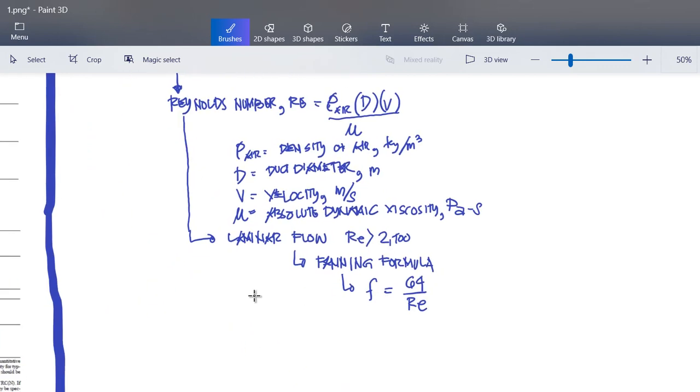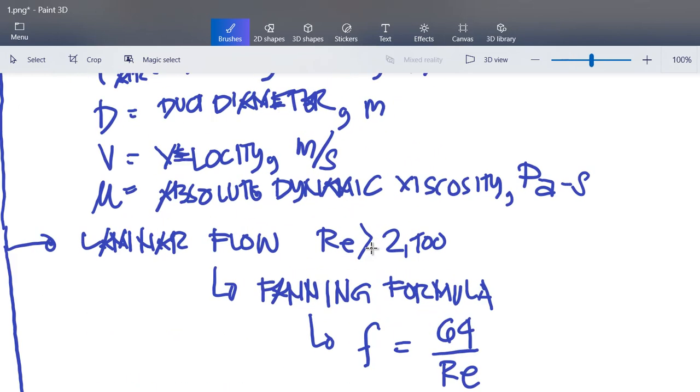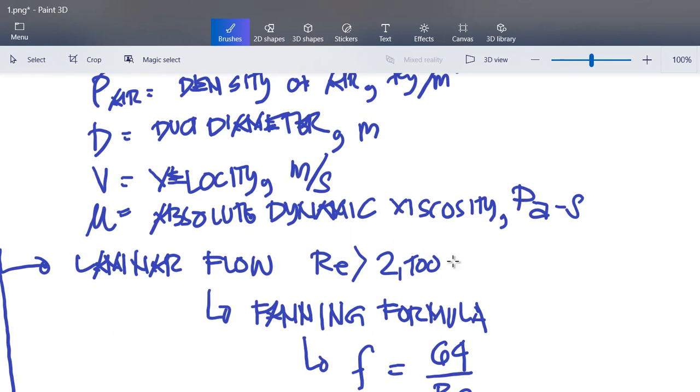Now, if the flow is turbulent, your Reynolds number is greater than 2100.